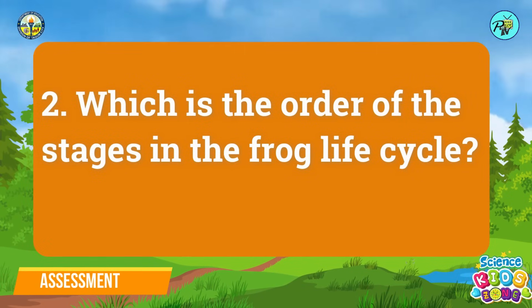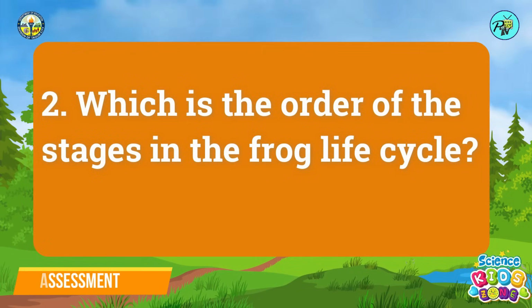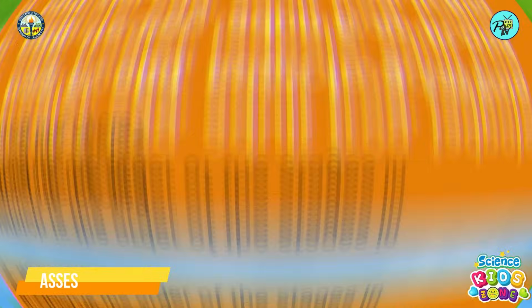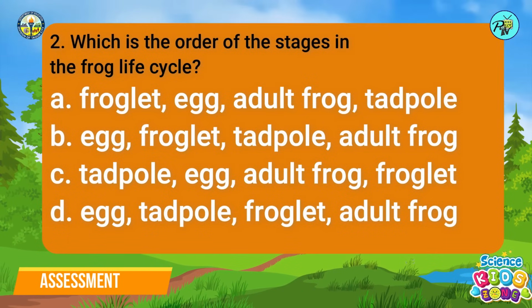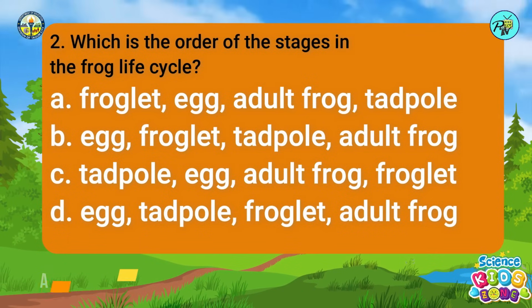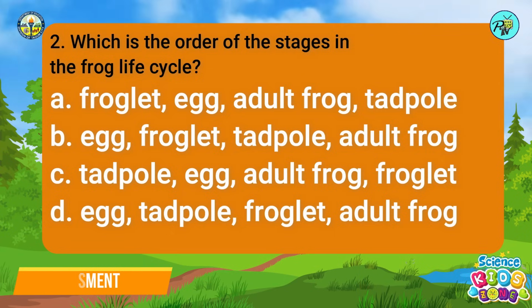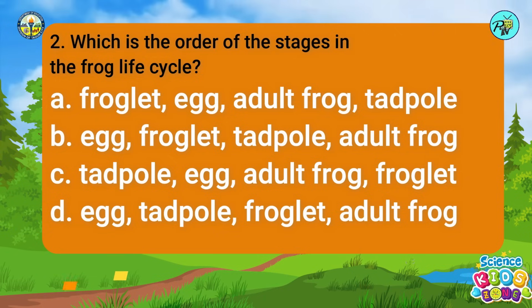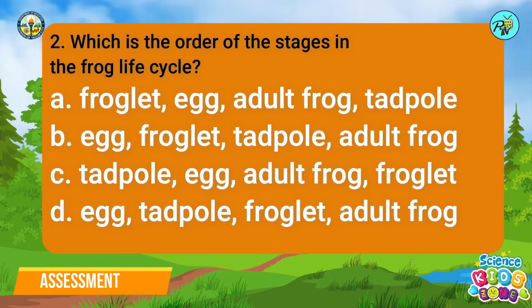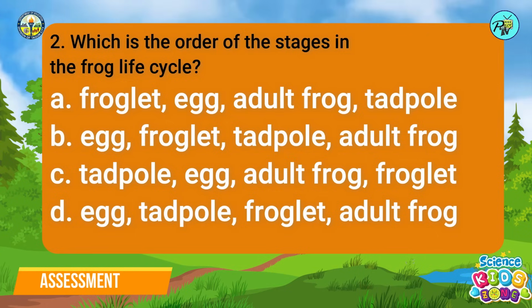Number 2. Which is the order of the stages in the life cycle of a frog? A. Froglet, egg, adult frog, tadpole. B. Egg, froglet, tadpole, adult frog. C. Tadpole, egg, adult frog, froglet.